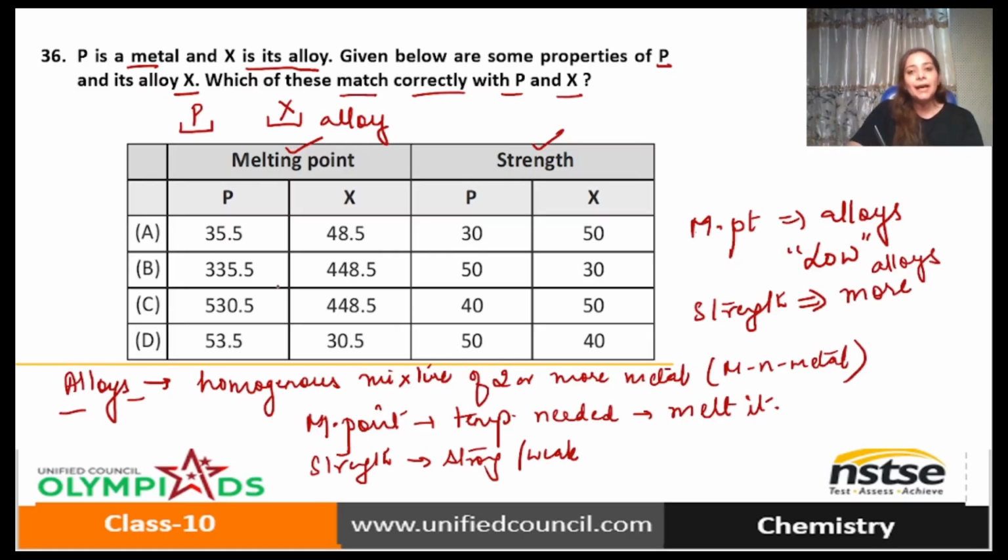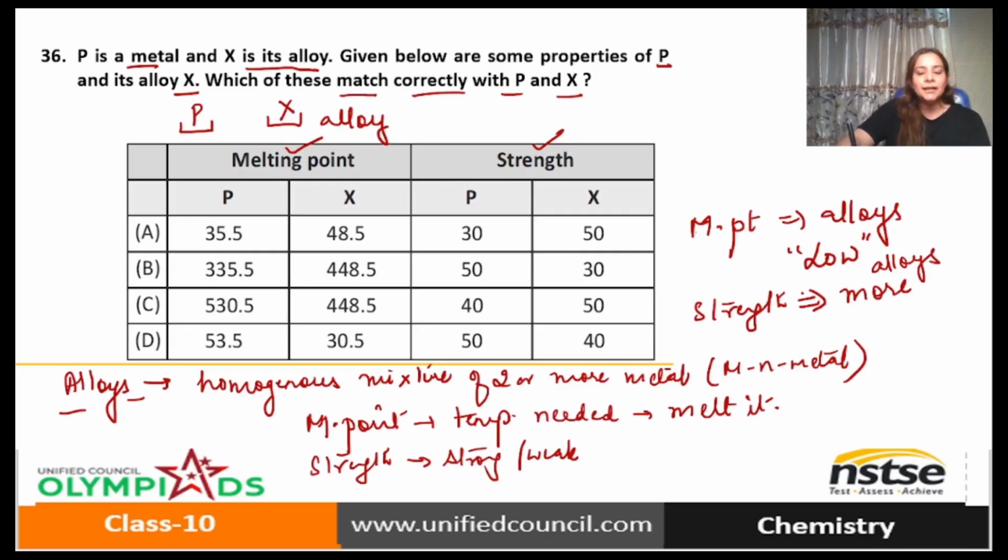So basically the option where the melting point of alloy is low and strength is more would be the right answer. Or in terms of metal, we can say that that particular option is going to be correct where melting point of metal is high and strength of metal is comparatively low.